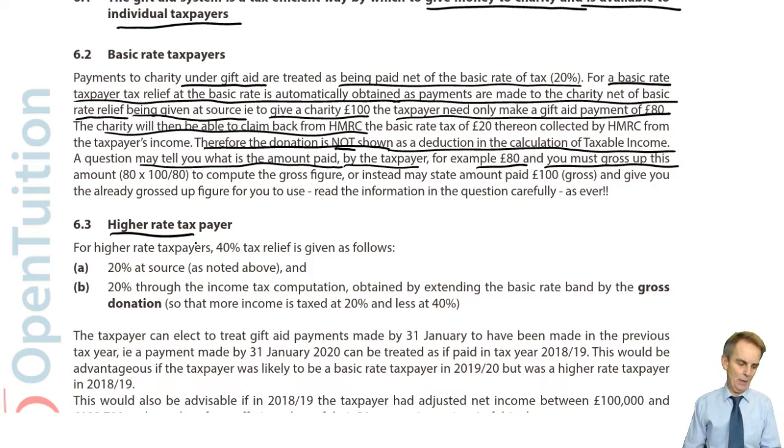If they tell me in the question paid £80 into charity under the Gift Aid scheme, the gross is 100. What they sometimes do is say, made a payment under Gift Aid scheme to charity, £100 in brackets gross. They tell you that that is the gross figure. You don't have to gross it up at 100 over 80 for yourself. They give you the gross figure there.